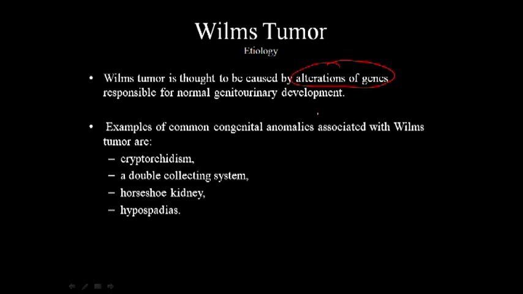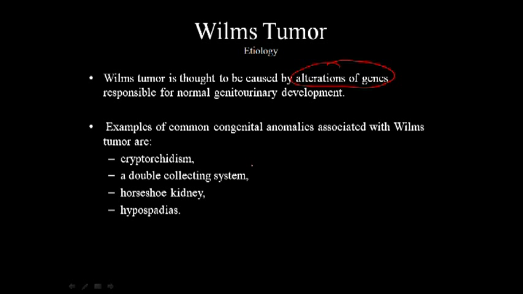Examples of common congenital anomalies associated with Wilms tumor are cryptorchidism, a double collecting system, horseshoe kidney, and hypospadias. Cryptorchidism is where either the ovaries or the testes are not developed to a full extent. Double collecting system, we saw that before.